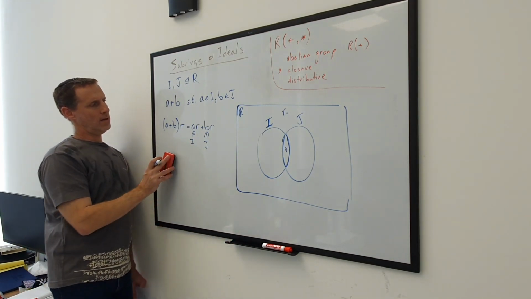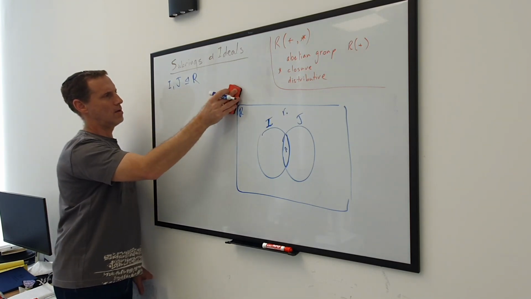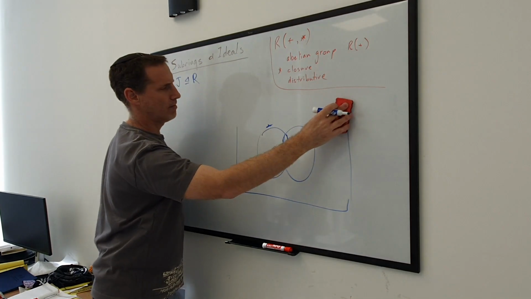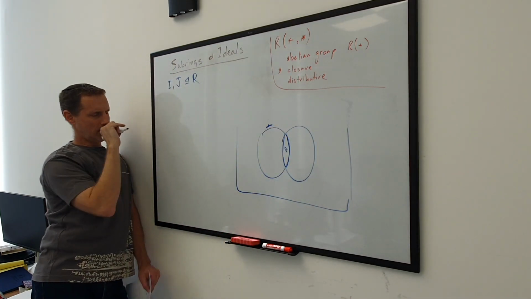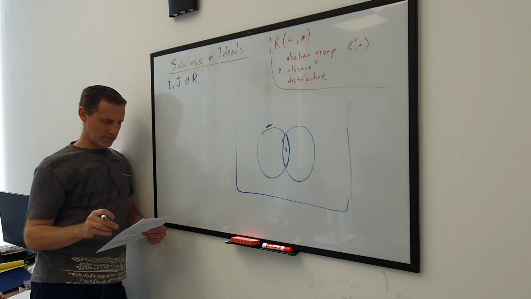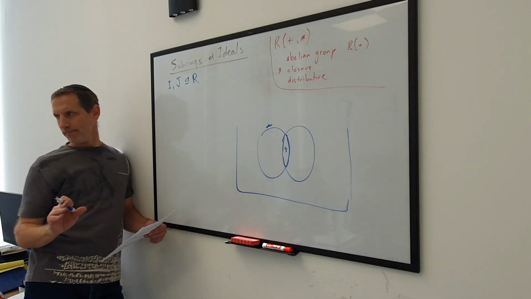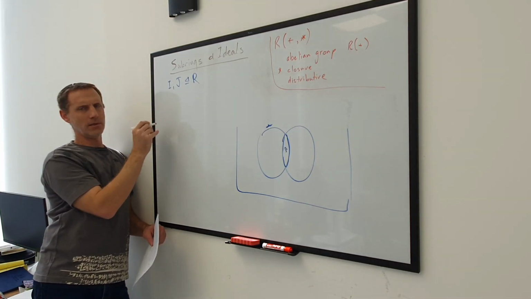Now, I've seen it in a few places, but the names are a bit confusing. What I did now is called an ideal sum.